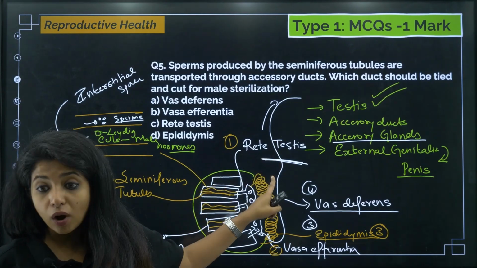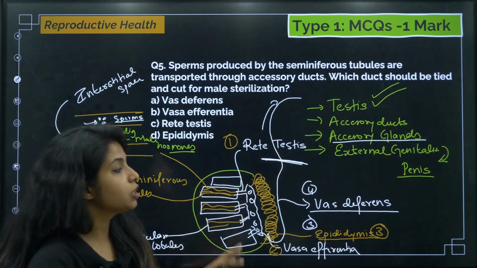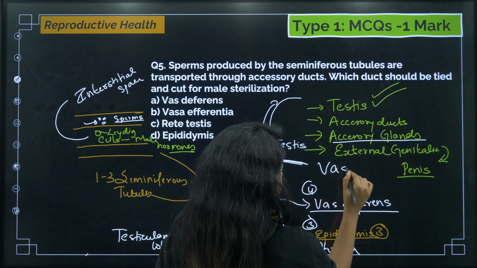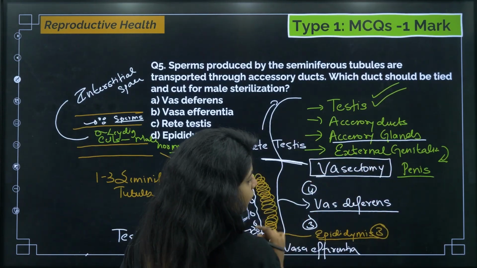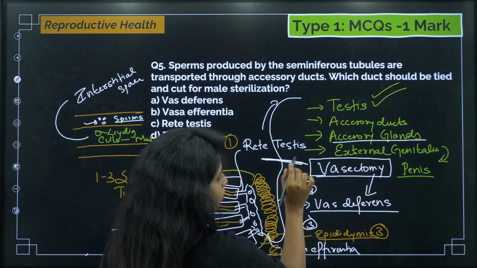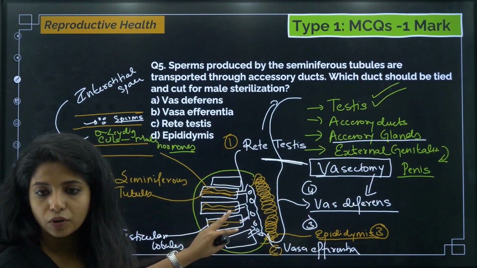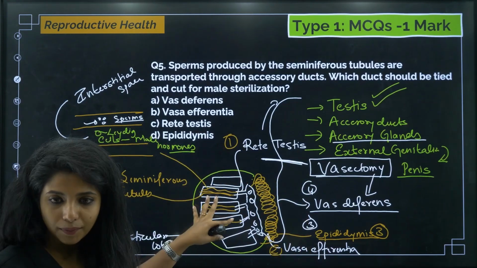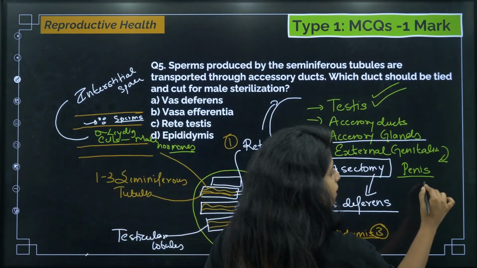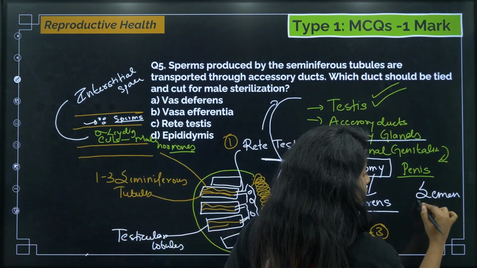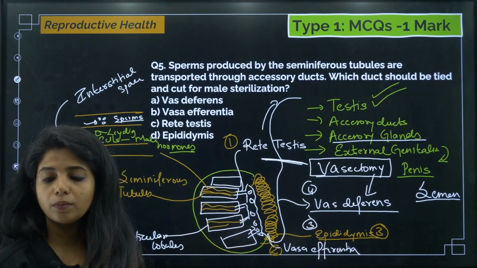The people who underwent this particular procedure, it is known as vasectomy, children. What do you call it? Vasectomy. Because you are cutting the vas deferens and you are tying it up. So sperm is still being produced in their body, but is not transported out, and it is not found in the semen, as in the product that is being released from the external genitalia.